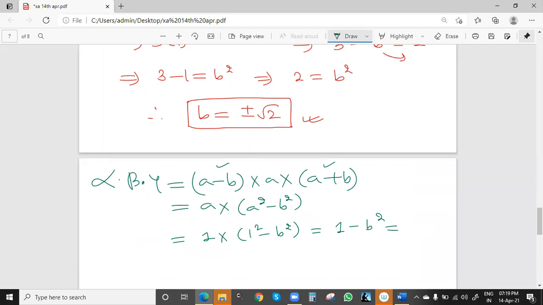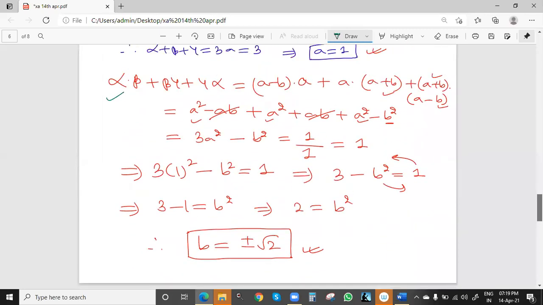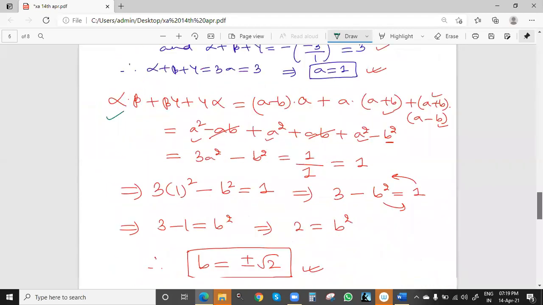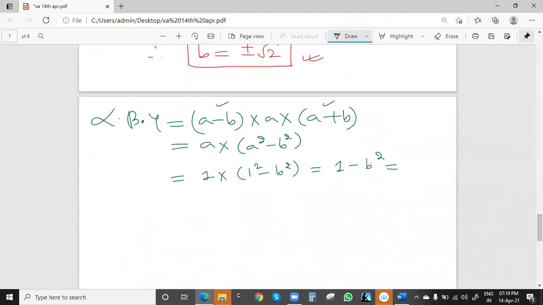And alpha into beta into gamma equal to minus D by A. D value is 1, and A is also 1. So directly we write the value as minus 1 by 1. Very important: we directly write the values, to avoid confusion with these A B values.